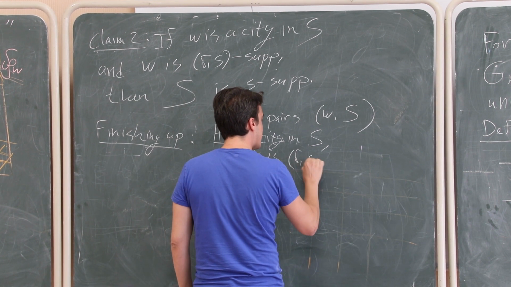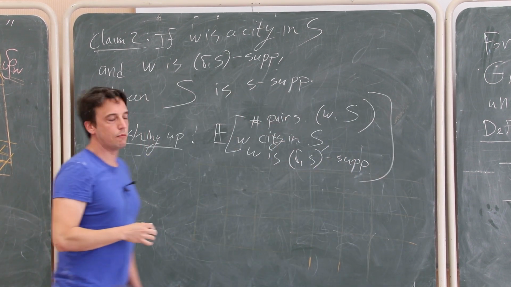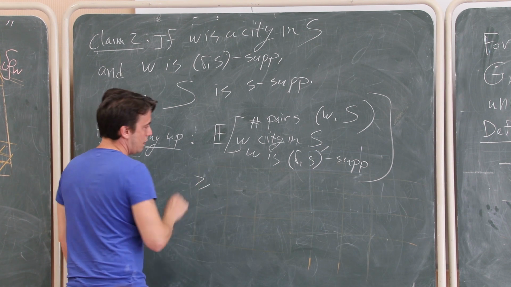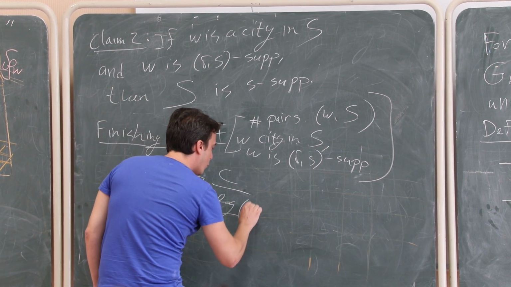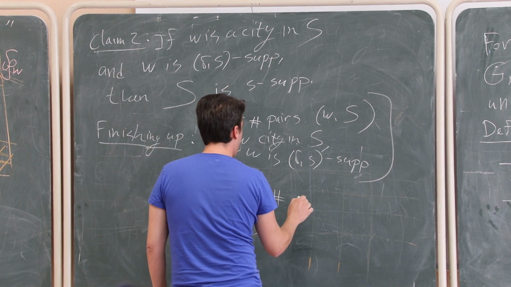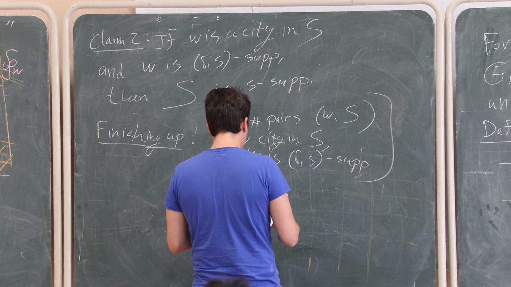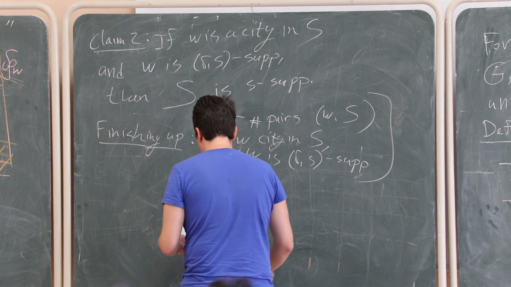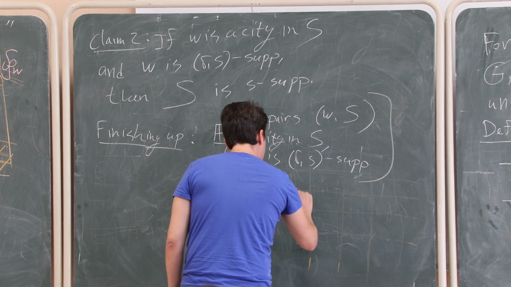Just by the first claim, this is at least the constant divided by log of 1 over delta times the number of, let's just call it, delta S supported points.